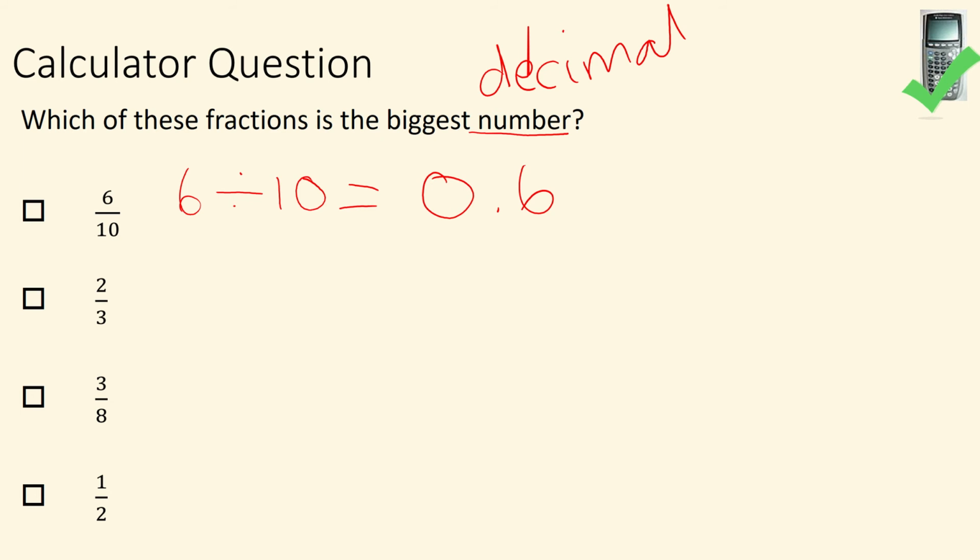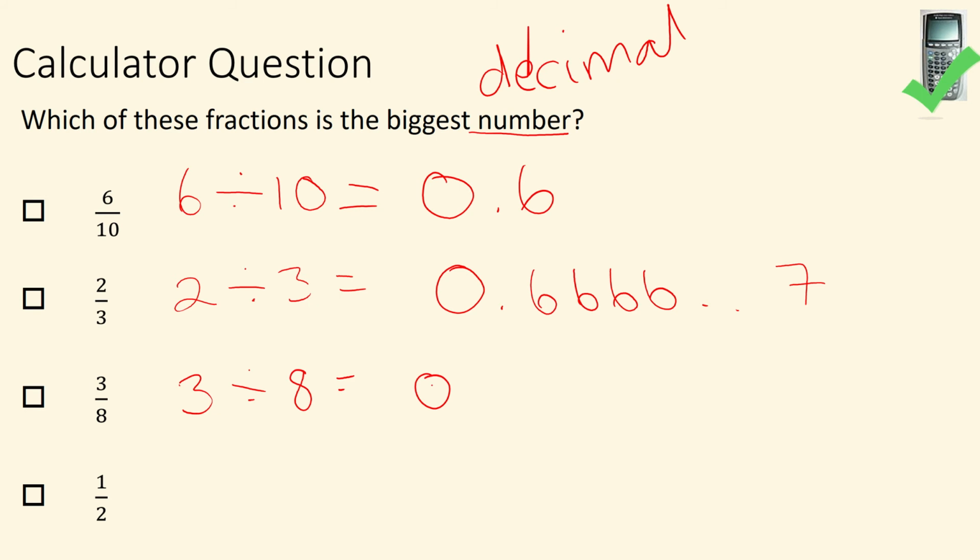Now 2 divided by 3 is a bit of a funny one, because when you get that one, you will get 0.6666 and it will just go on and on. On some calculators, eventually you'll get a 7 at the end, but actually it's 0.6 recurring. 3 divided by 8 is 0.37.